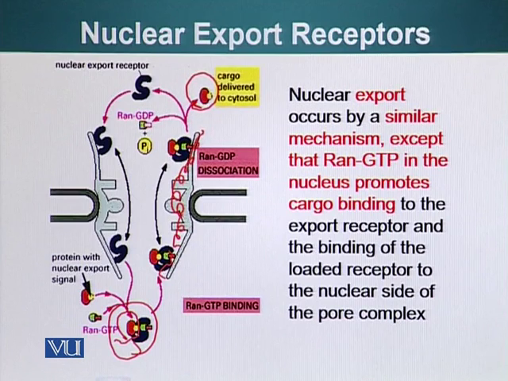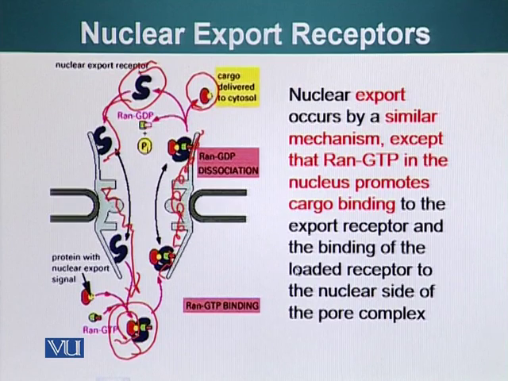This receptor, again without the RAN and without the cargo, does not like living in the cytoplasm. It will now bind the FG repeats and crawl its way back into the nucleus, and the whole process will start again when this receptor finds RAN GTP and a protein which has a nuclear export sequence on it.